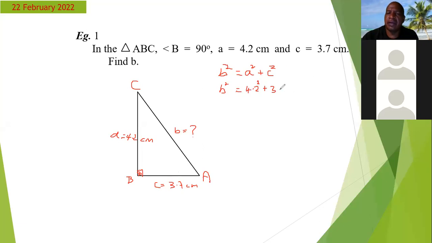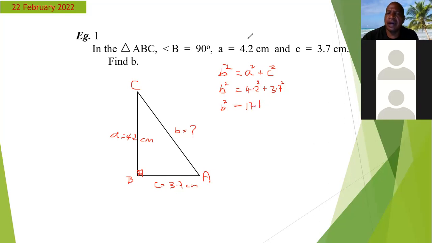Now, once you have written it out in this form, then you can do your calculation by working out what the square of these numbers are. You can use a calculator. So you're trying to find B, you don't know what B is. B squared is now equal to, you use your calculator, calculate 4.2 squared, you get what? 17.64.